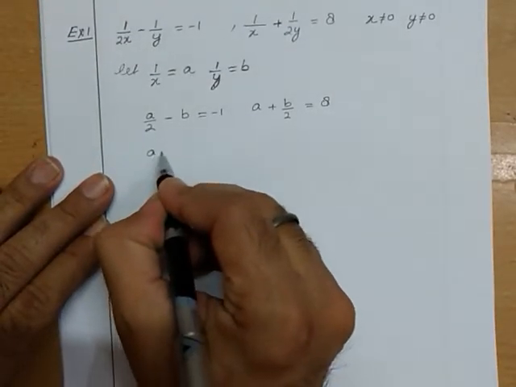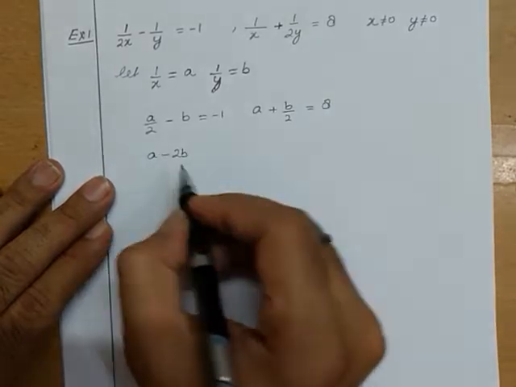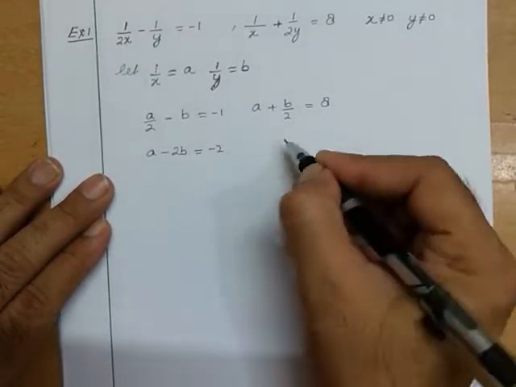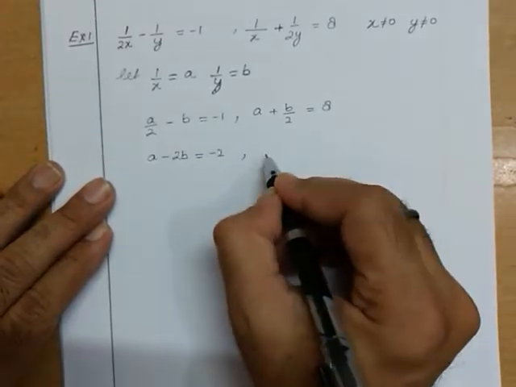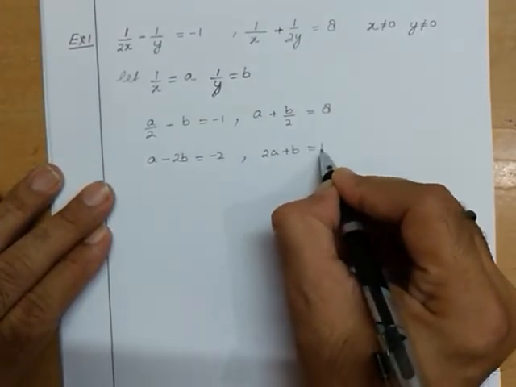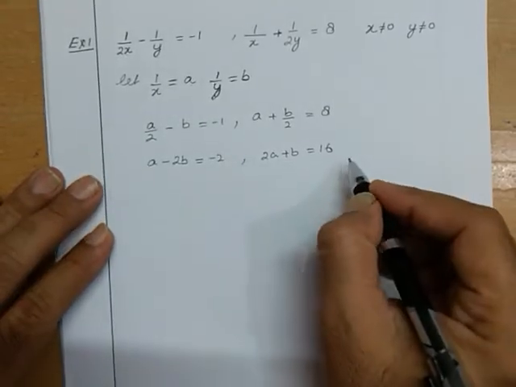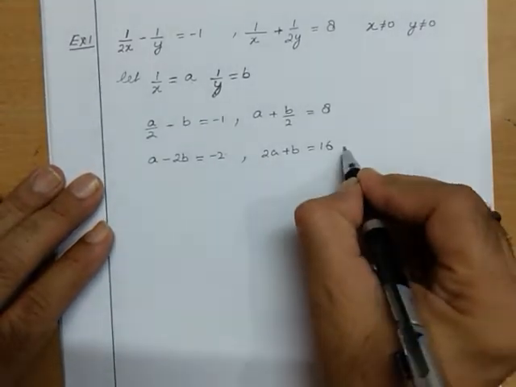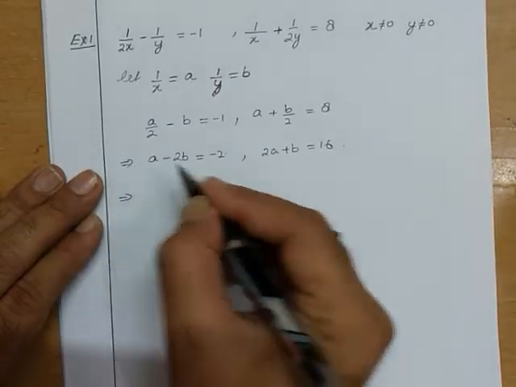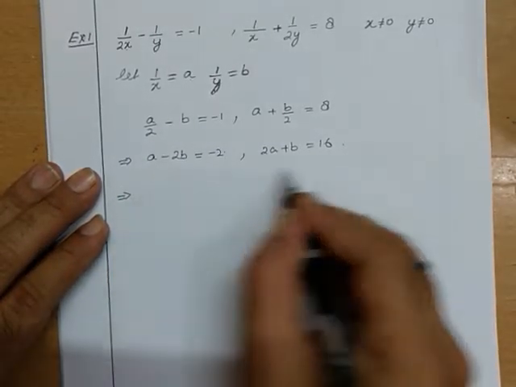So here this will become a minus 2b is equal to minus 2, and this equation will become 2a plus b is equal to 16. Here I am taking the LCM, so this will become equation number 1 and equation number 2, and then we can further treat it as a normal linear equation.